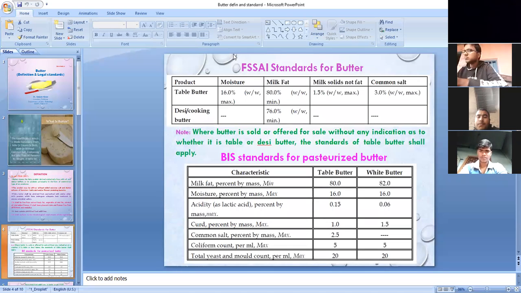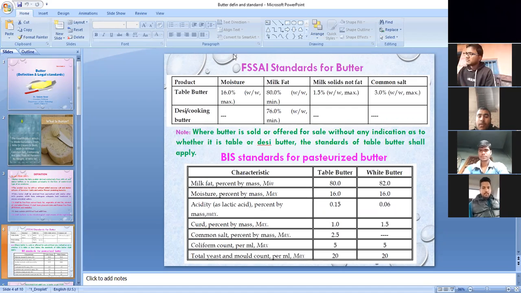Similarly, when we see the microbial quality of butter, as per the BIS standard, the coliform count per ml of butter should not be more than 5. That means when measuring coliform content by standard methods, the count should be not more than 5.